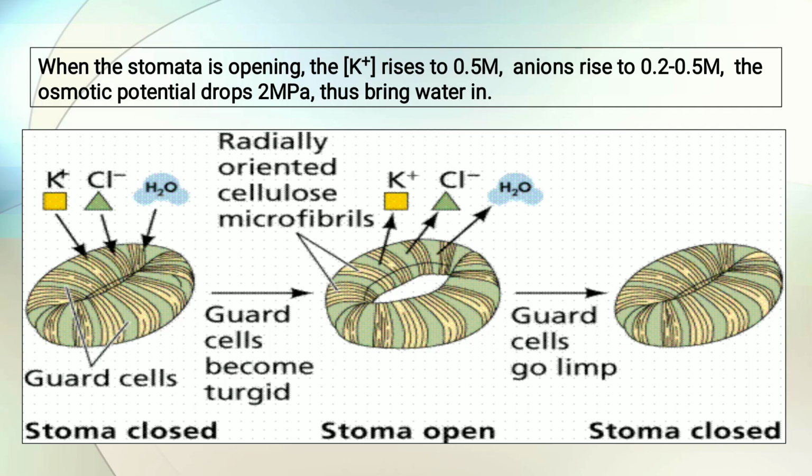Then when the stomata are opening, the potassium ion rises to 0.5 mole and anions rise from 0.2 to 0.5 mole. The osmotic potential drops by 2 megapascals, thus bringing water in.